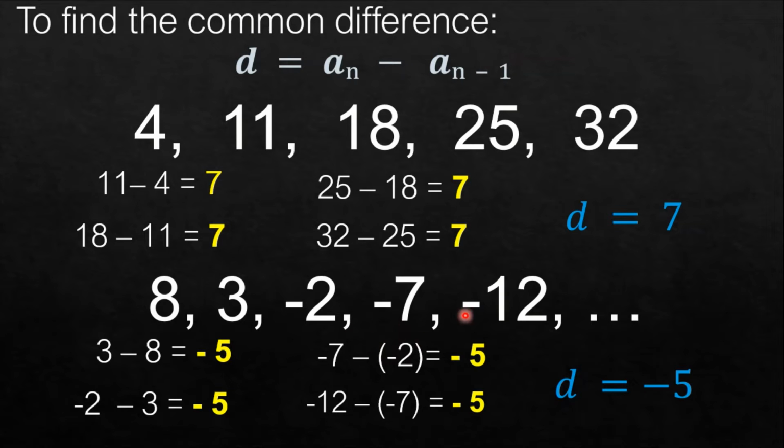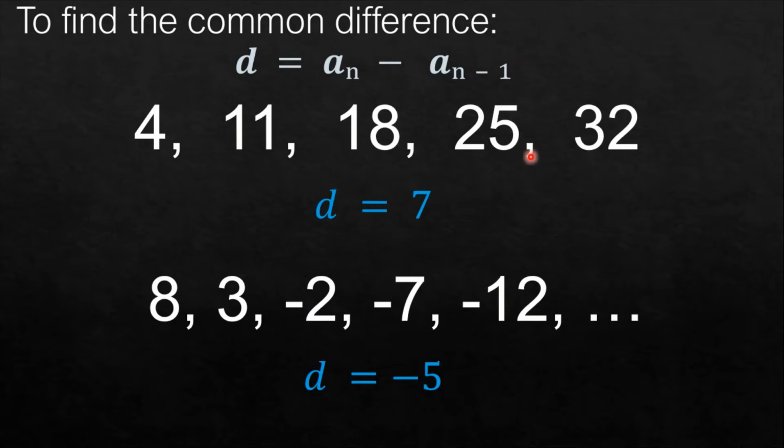And follow lang natin doon sa mga susunod pang terms, they have the same differences. So, our common difference is negative 5. Basta pagpataas ang values ng terms, positive ang common difference, pagpababa, negative ang common difference, provided that the sequence is an arithmetic sequence.